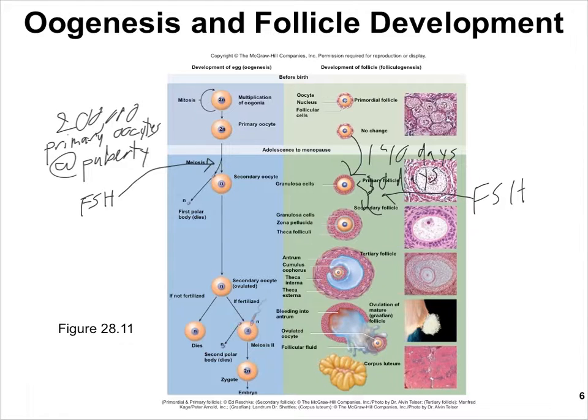About 60 days before ovulation, so about 2 menstrual cycles before ovulation, the secondary follicle will become a tertiary follicle.